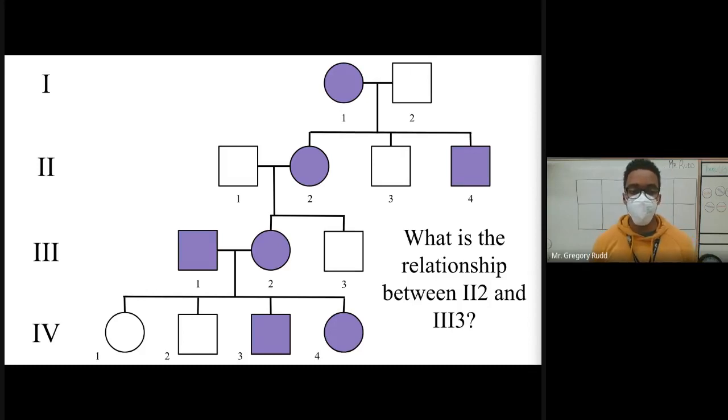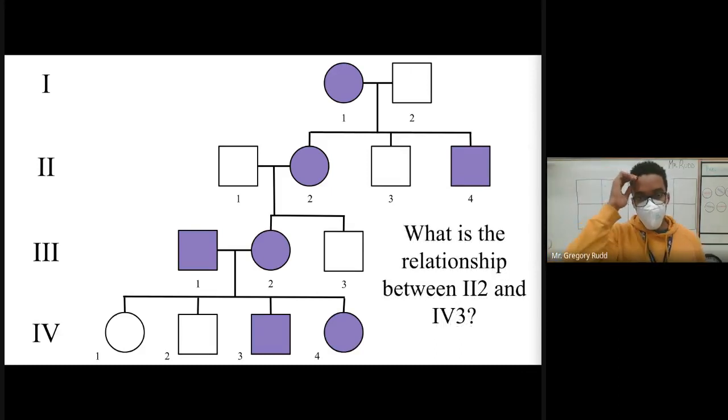II2 is the shaded circle in the second row, and III3 is the unshaded square, the only unshaded square in the third generation. So that is an unaffected male, and they must be mother and son. I think there's one more. Let's see. Oh, hold on. Okay, what is the relationship between II2 and IV3?